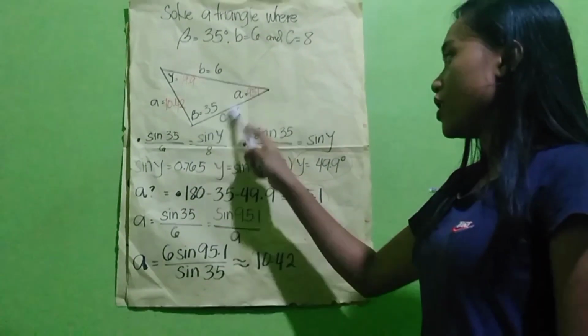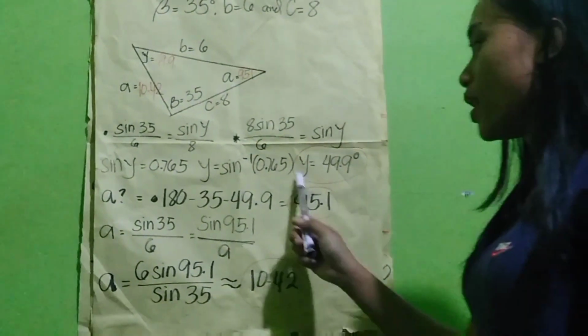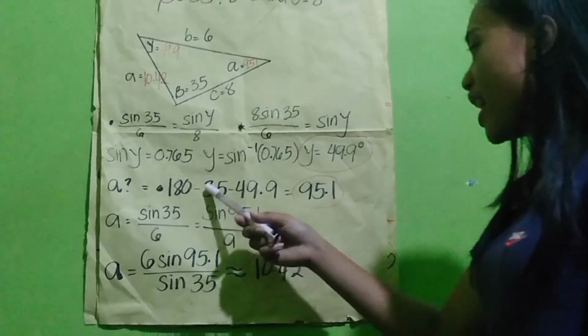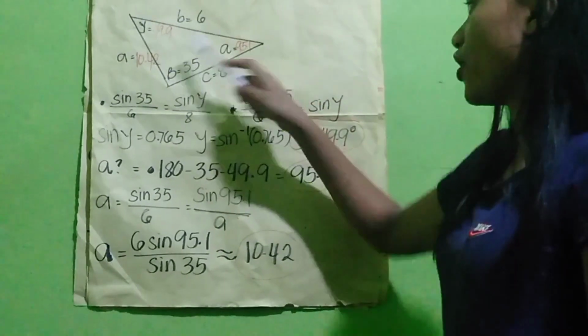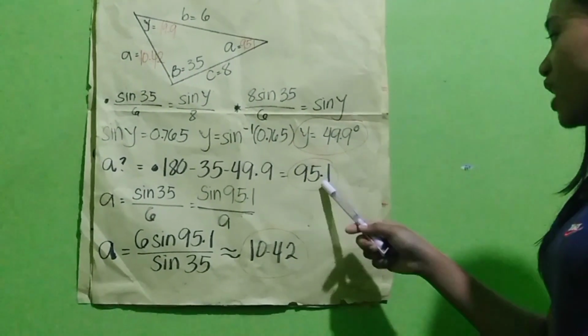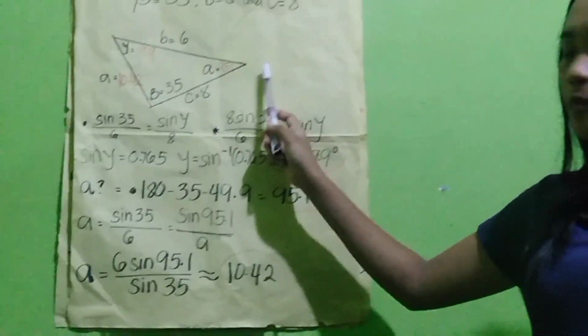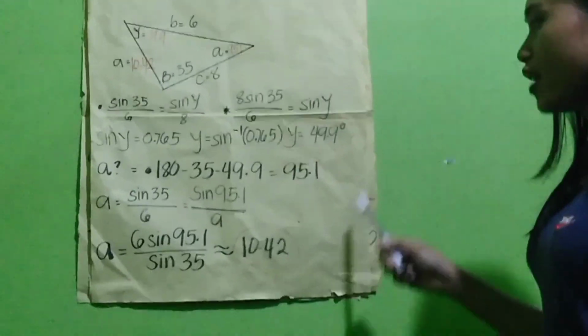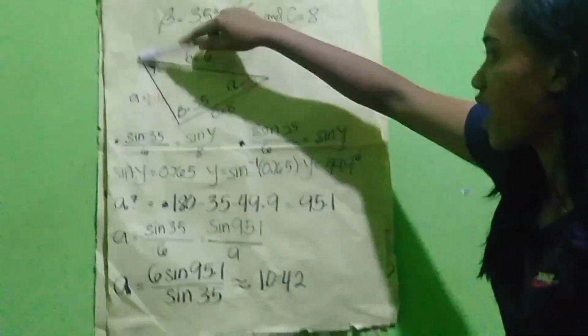We know this triangle is equal to 180 degrees, so all we need to do is 180 minus 35 minus 49.9, which is the other angle. So that equals 95.1. So our alpha is equal to 95.1.